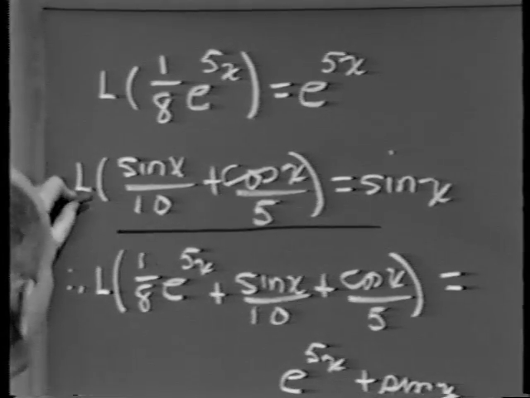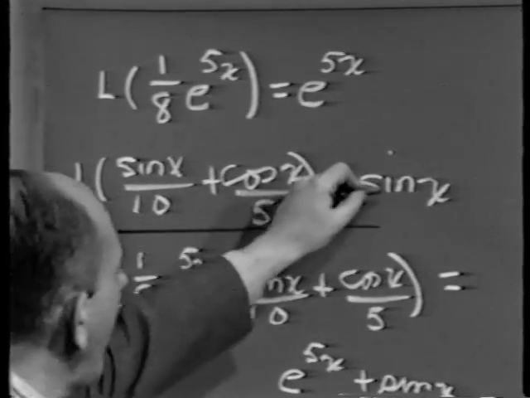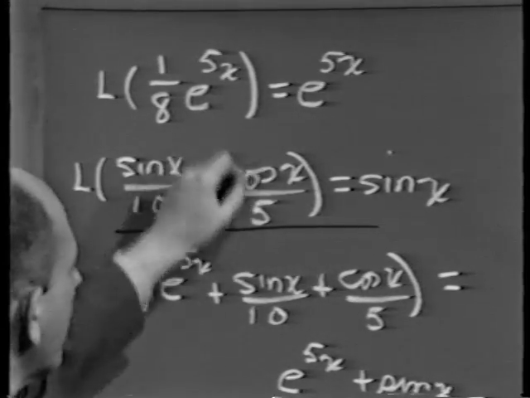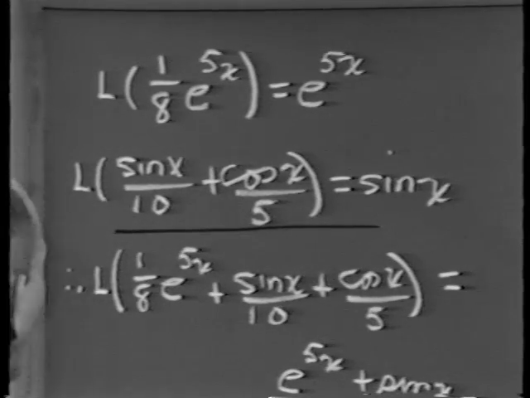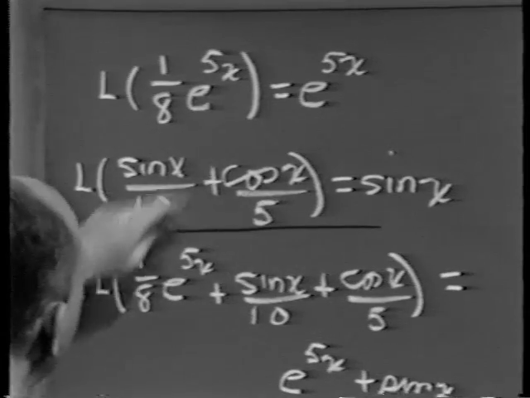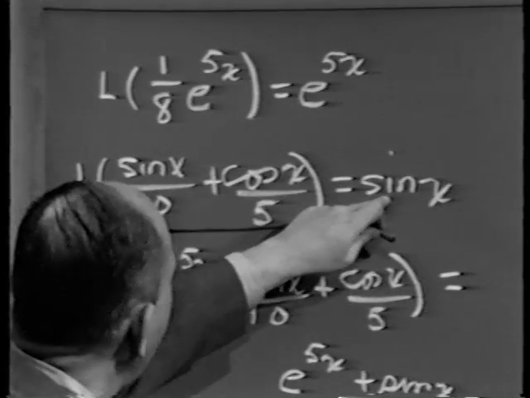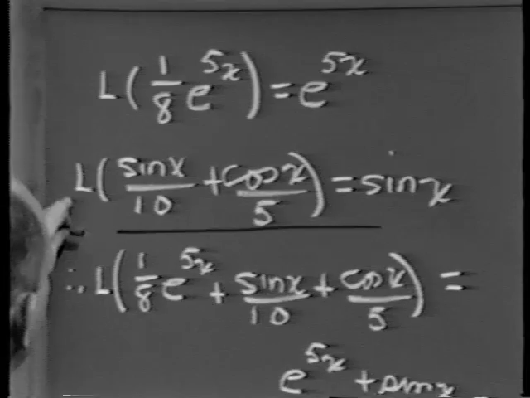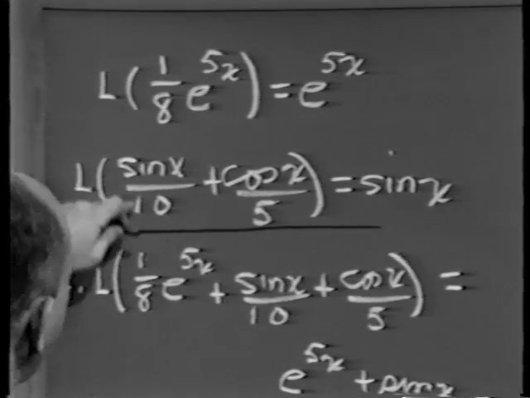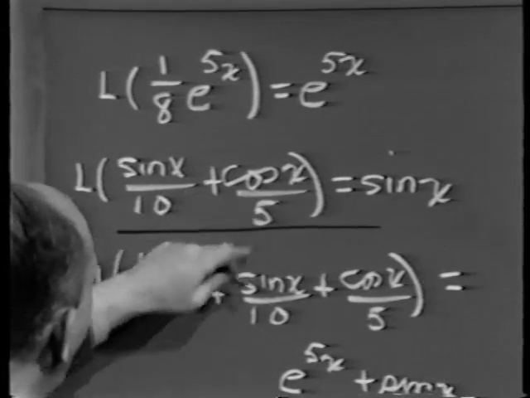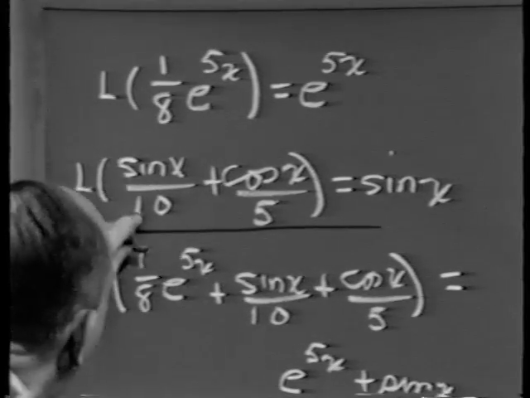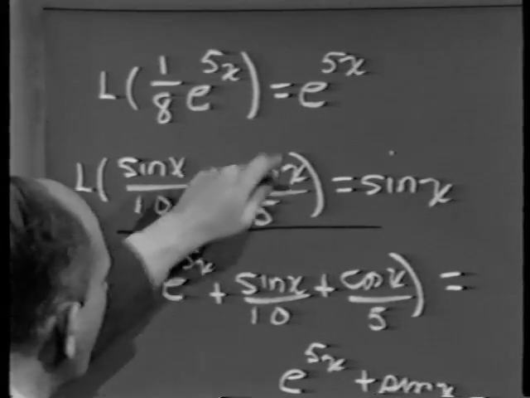In example 2, we saw that L of y equals sine x had as a particular solution sine x over 10 plus cosine x over 5. Now the point is, by equals added to equals, this plus this is e to the 5x plus sine x, but by linearity, L of 1/8 e to the 5x plus L of sine x over 10 plus cosine x over 5 is L of 1/8 e to the 5x plus sine x over 10 plus cosine x over 5.